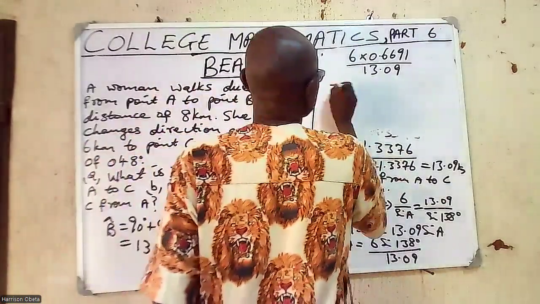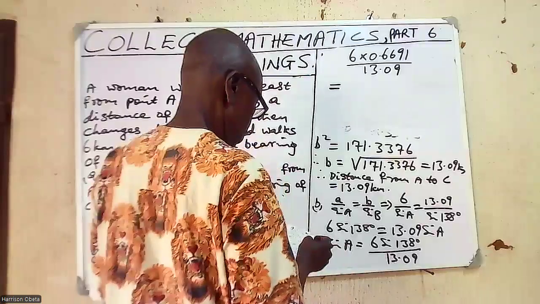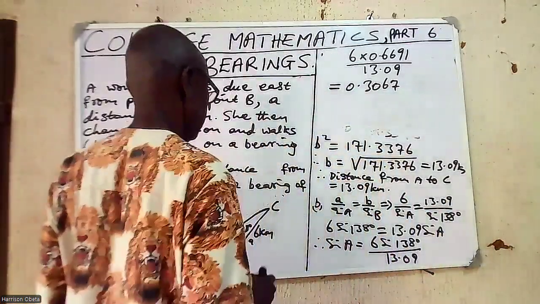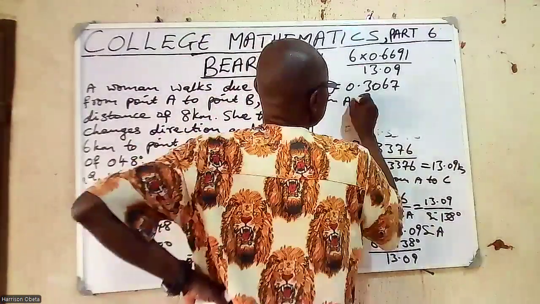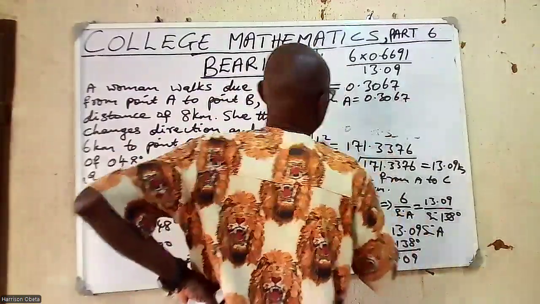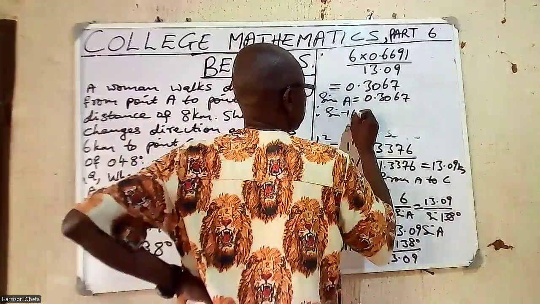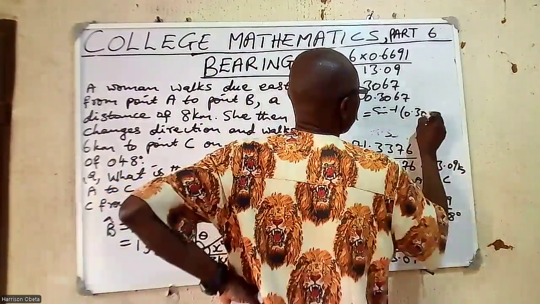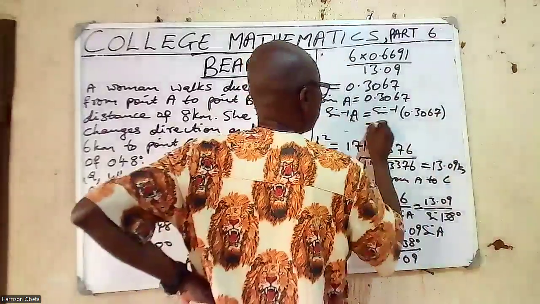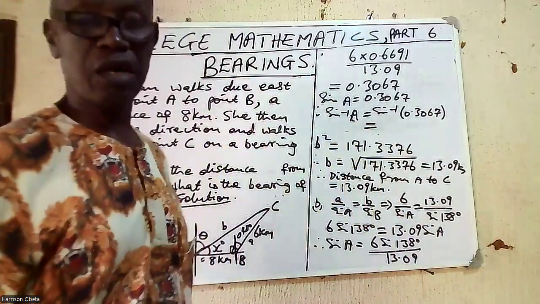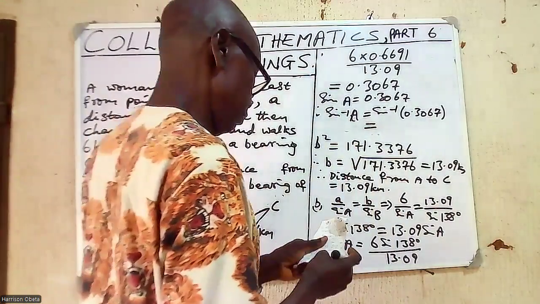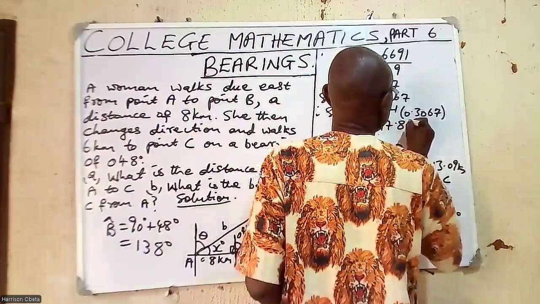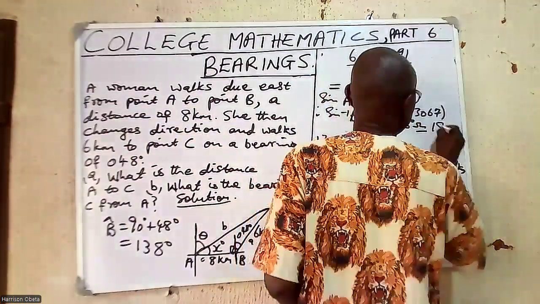If you carry out the division, that will give us 0.3067. That means sine A equals 0.3067. Therefore, A is the sine inverse of 0.3067, which, on your calculator or four-figure table, will give you 17.86 degrees, approximately equal to 18 degrees.